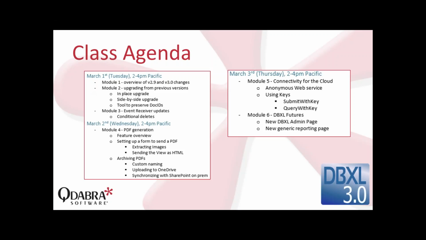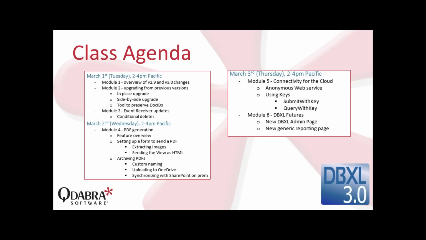We have a lot of customers on previous versions of DBXL that need to upgrade, and we have obviously 2 ways to do it. And then after that, we'll jump in, and we've got Dawn on the line. Dawn, thanks for being here. I know it's very early still in Manila, but we have a demo to show you how to generate PDFs.